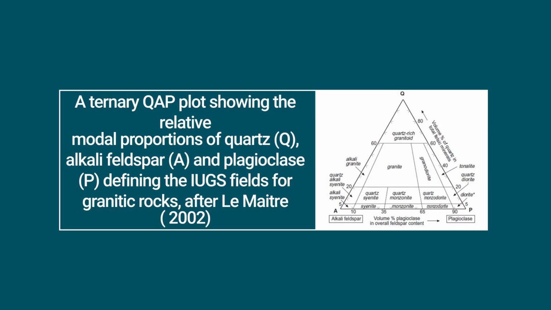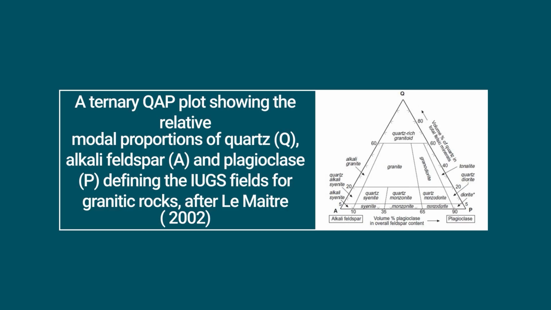The quartz content will start increasing from the AP plane towards Q. Likewise, the plagioclase feldspar will increase from the AQ plane towards the P point, and the alkali feldspars will increase from the QP plane towards the A point.